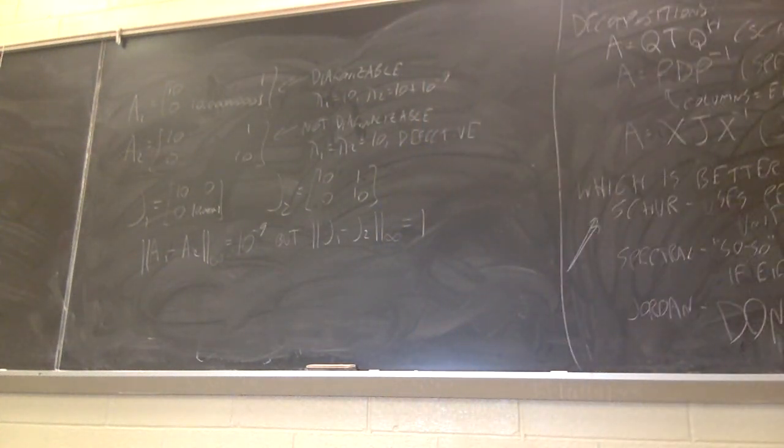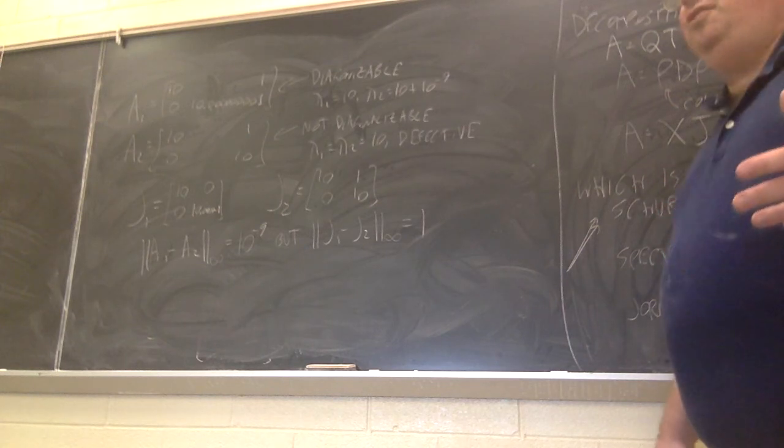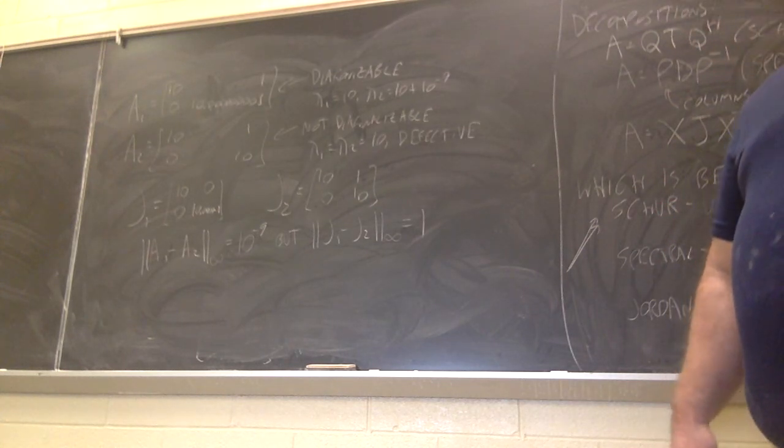So a small change in the matrix results in a relatively large change in the Jordan form. This is the very definition of an ill-conditioned problem: a small change in the input data results in a relatively large change in the output data.